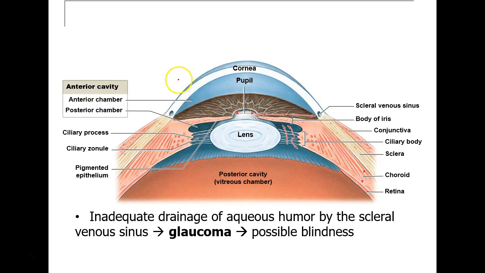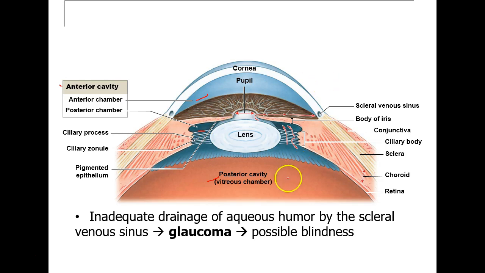Okay, so here's a closer look. As briefly mentioned, there is an anterior and posterior cavity to the eye. The anterior cavity contains aqueous humor, and it has two chambers, anterior and posterior. The anterior chamber is from the cornea to the iris, the posterior from the iris to the lens.